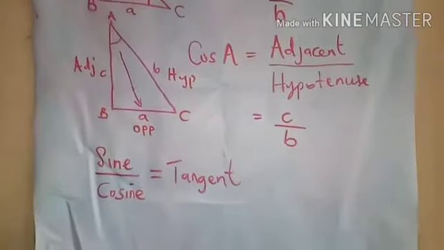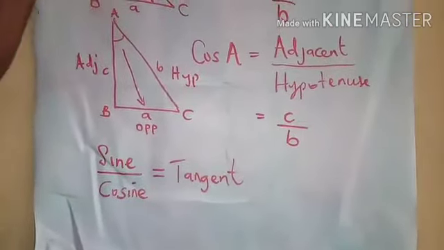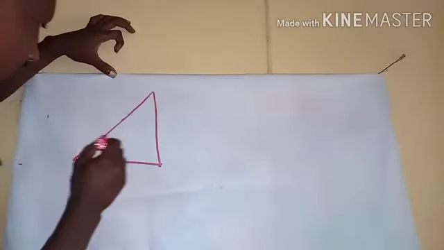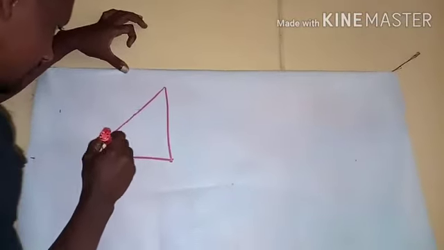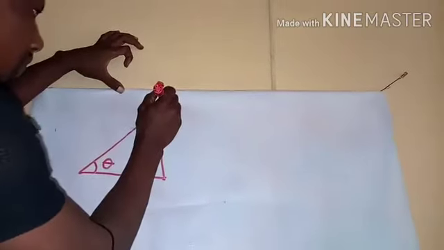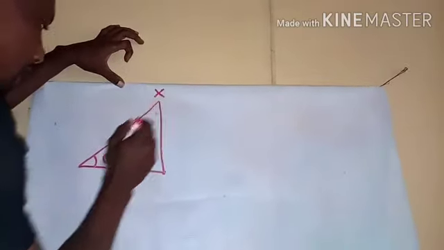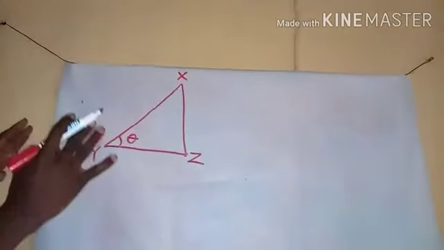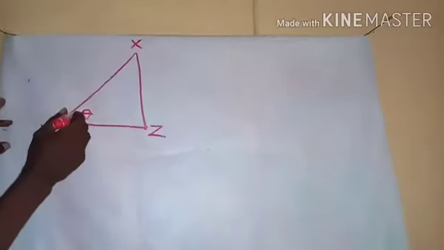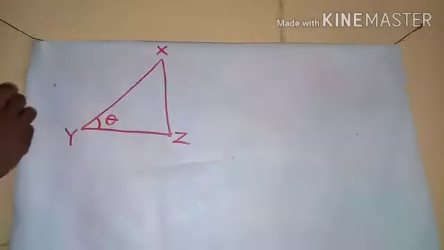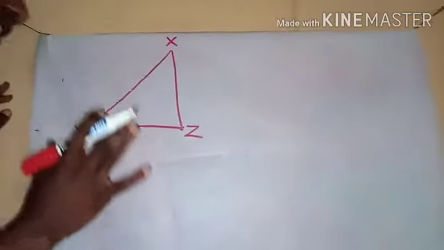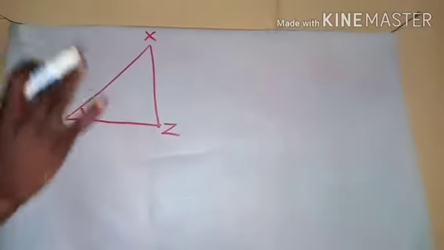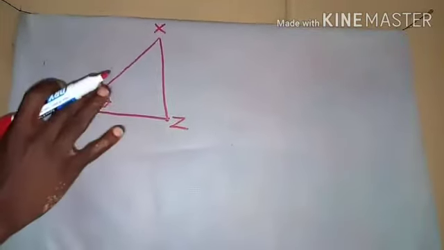We're going to use another triangle to prove this so I can understand it. From this triangle XYZ, this angle was picked. It can be an equilateral triangle, it can be a right angle triangle, it might even be a scalene or an isosceles triangle.